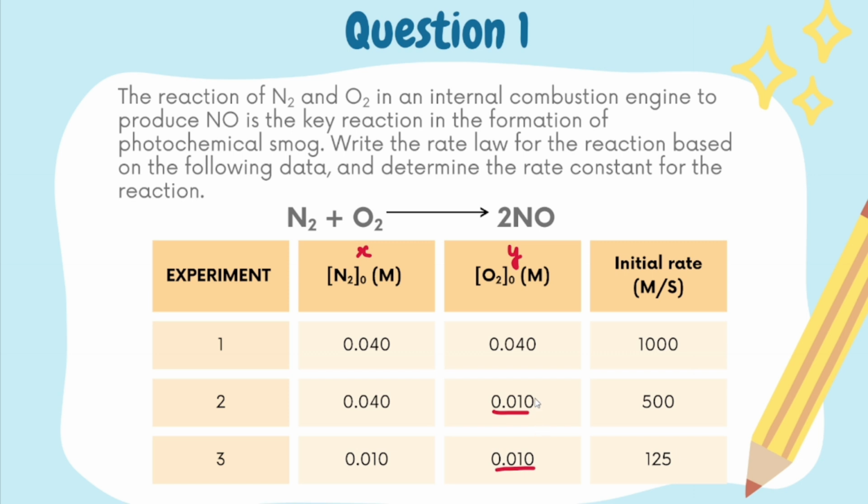If this cancels out, we can easily find the value for x. So we are going to use the same thing, okay? Here we are going to consider experiments 2 and 3.